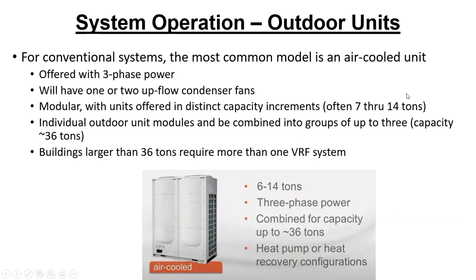Individual unit modules can be combined into groups of up to 3. So you can get them up to about 36 tons if you group them together. Buildings larger than 36 tons just require more than 1 VRF system. So if you had a 100-ton total load on the building, you'd wind up with 3 VRF systems and you'd have to divide it up.